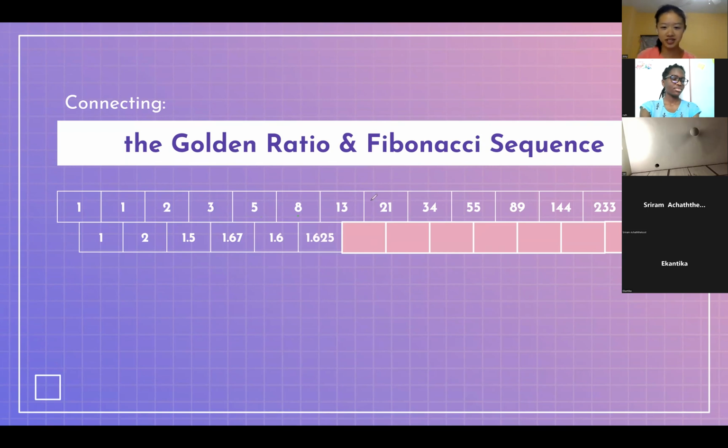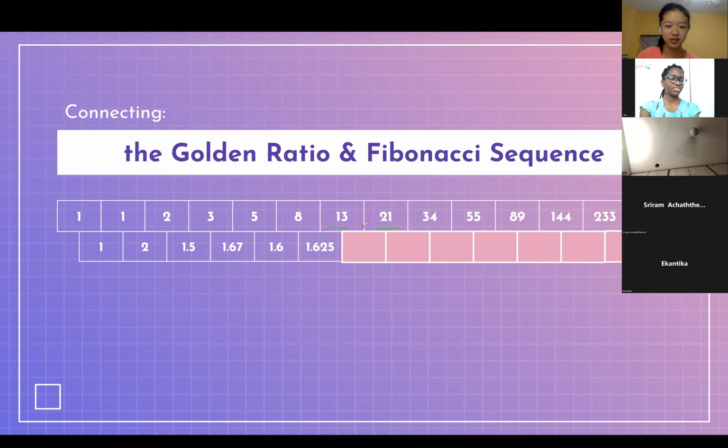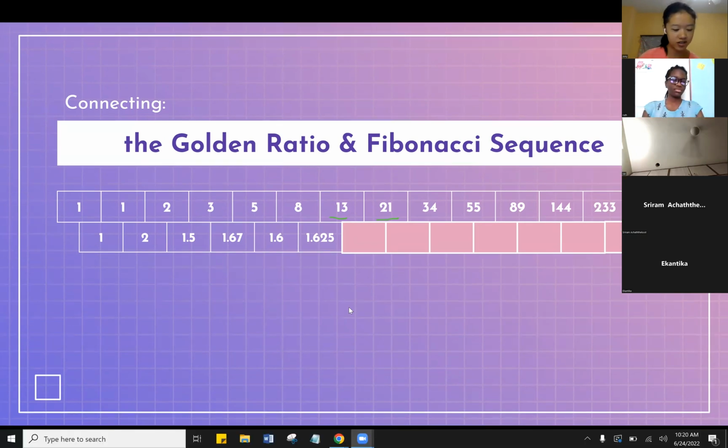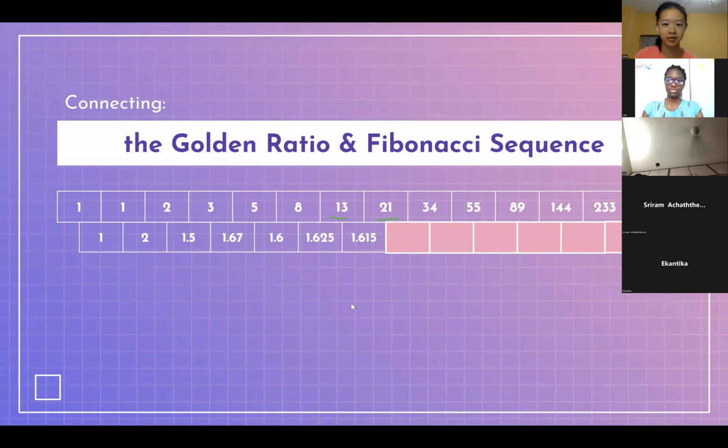And now you might need to start using a calculator if you haven't already. So what's 21 divided by 13? Yes, it would be around 1.615. Obviously, it goes on and on, but we're just going to round.